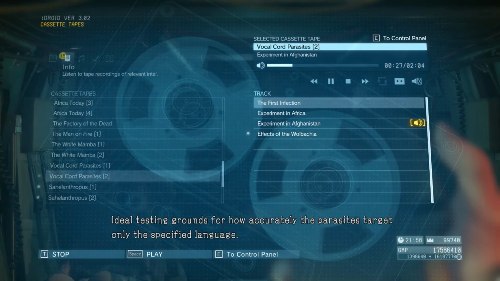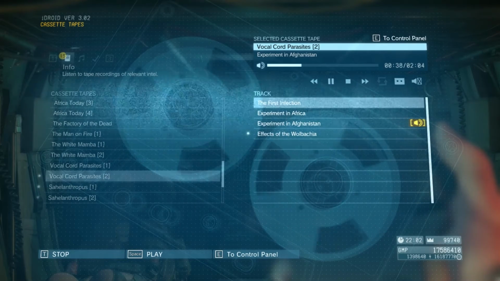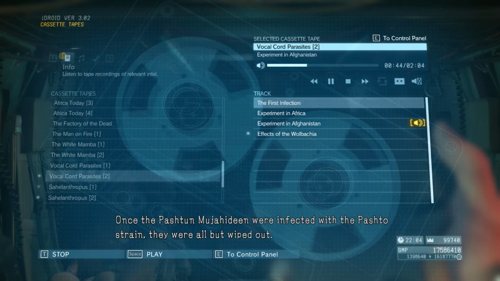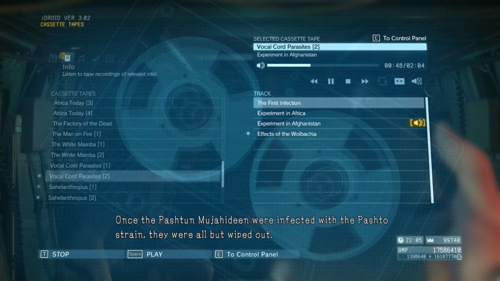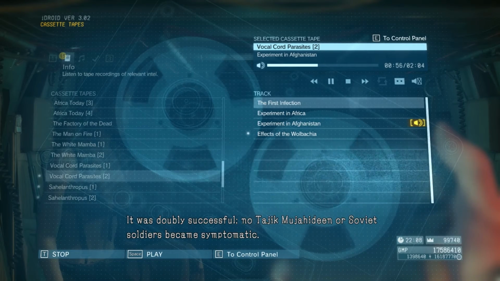Ideal testing grounds for how accurately the parasites target only the specified language. It is also relatively easy to prevent the spread of infection. And the results? The first test, I am told, was a success. Once the Pashtun Mujahideen were infected with the Pashto strain, they were all but wiped out. The Hamid fighters at Smasei Fort. It was doubly successful.